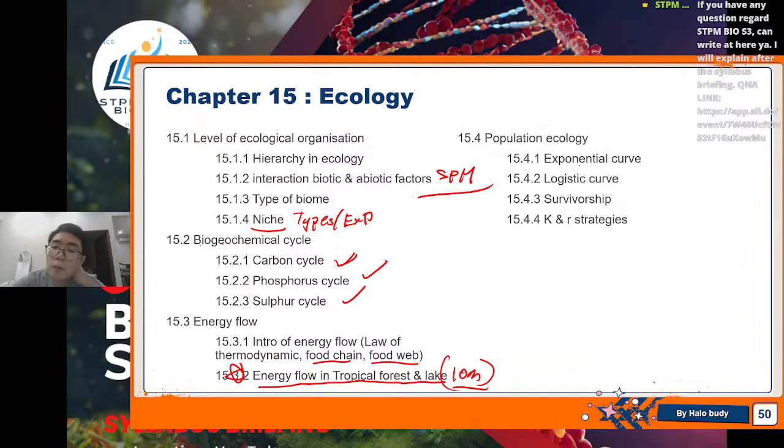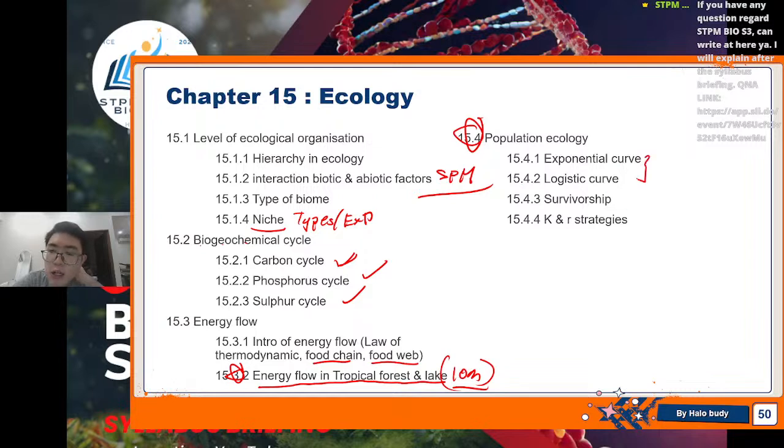And then the fourth topic is about population ecology. This topic is one the examiners very much like to ask. In past year papers it has come out many times: exponential curve and logistic curve, survivorship, and K and R strategy. This is about population ecology.